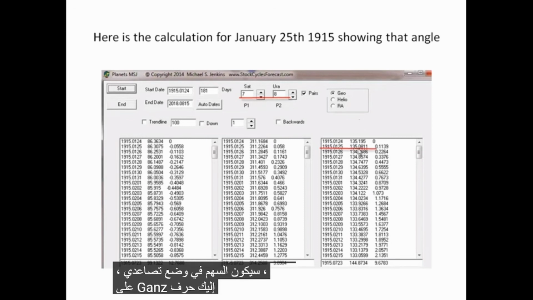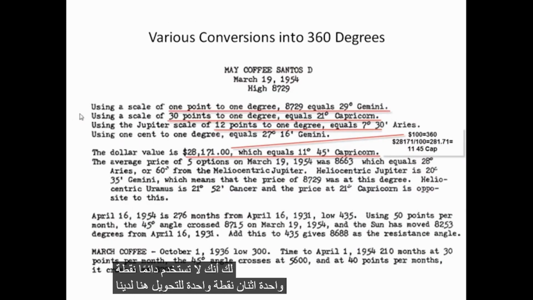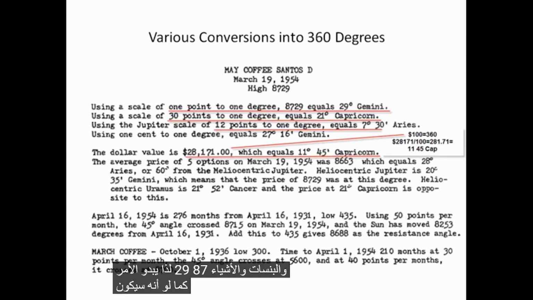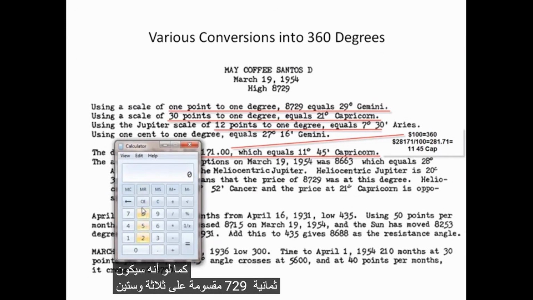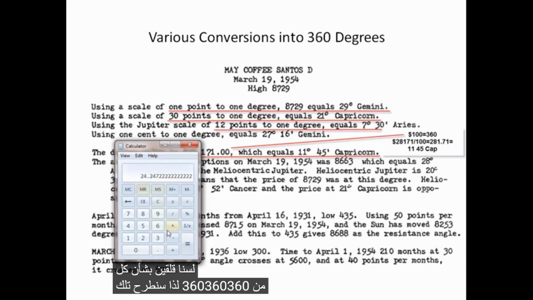Here's a letter of Gann on the May San Domingo coffee, and he's showing you just don't always use a 1 point to 1 point conversion. Here we have a simple 1 point to 1 degree, and he's using coffee prices here in pennies at 87.29. So 8729 divided by 360 is equal to 24 cycles of 360, but we're not worried about each 360, so we subtract those 24 cycles and just keep the leftover.